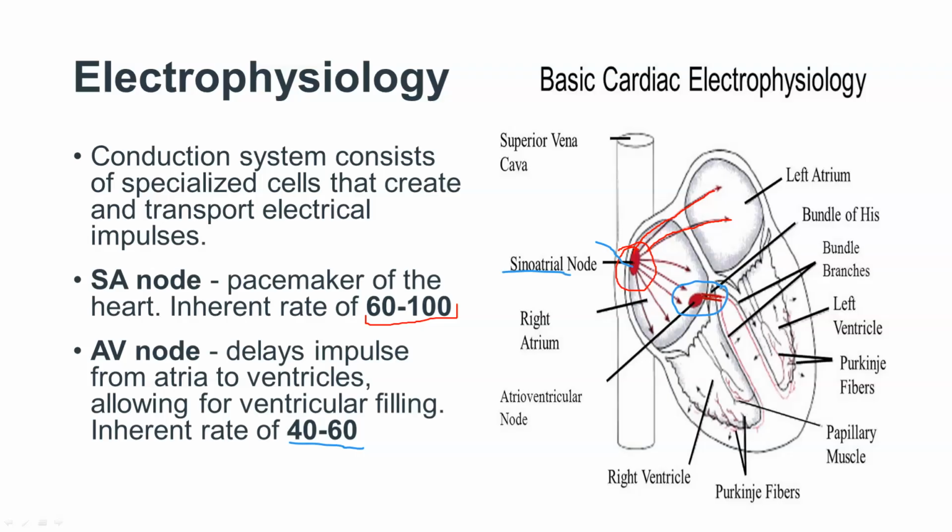It should initiate that signal, and once it leaves there, we get down to the bundle of His breaking off into your bundle branches, as you see over here with the arrows. And then you have the AV node sitting right there, really close together.